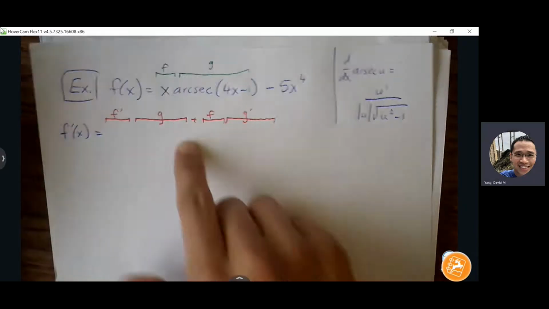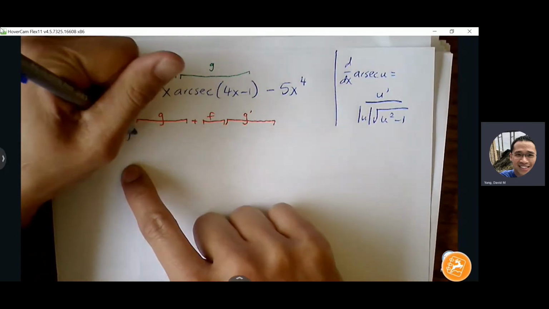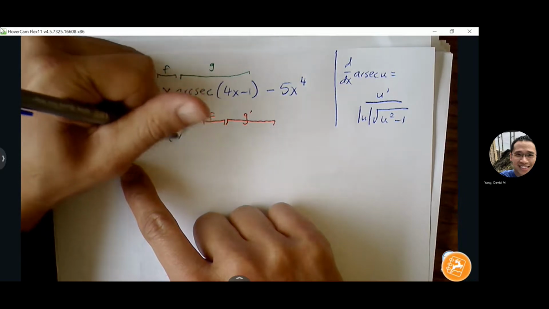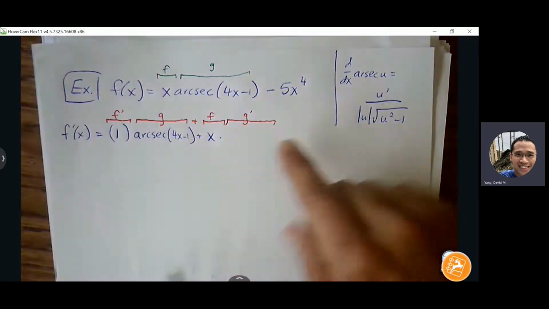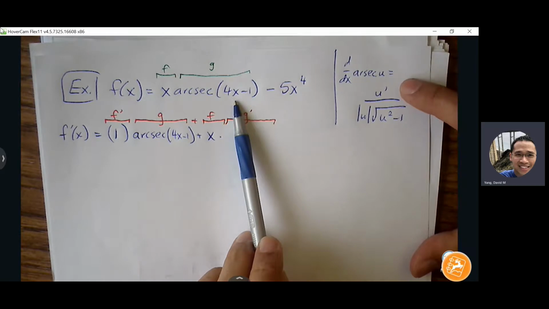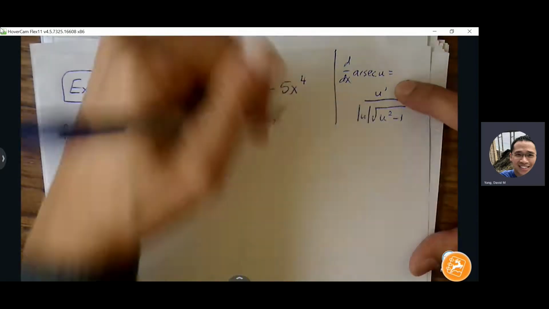Okay, f prime g, so f prime of x becomes 1. Keep the original g function. Back to f g prime. So when we get a g prime, we have to involve our chain rule. What's u prime going to be? Just 4, okay.